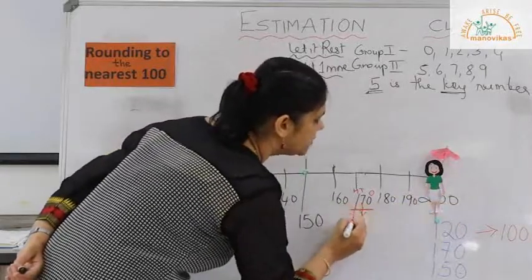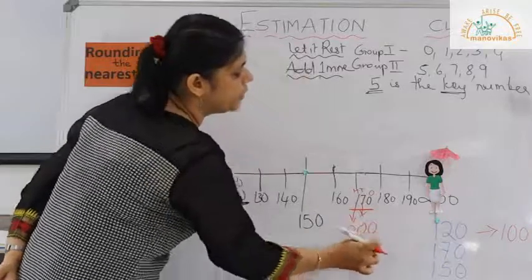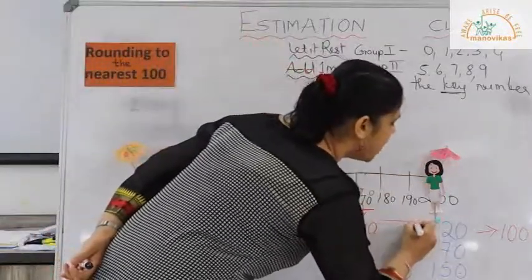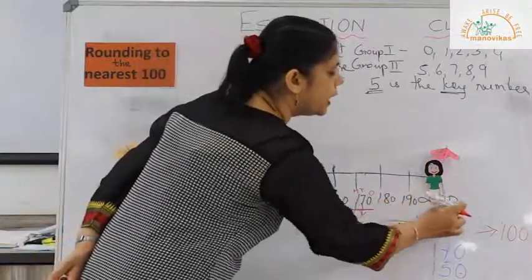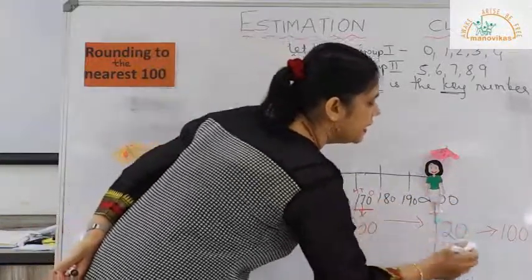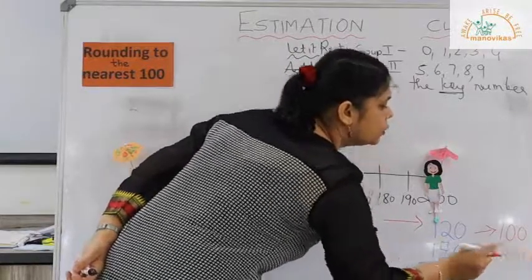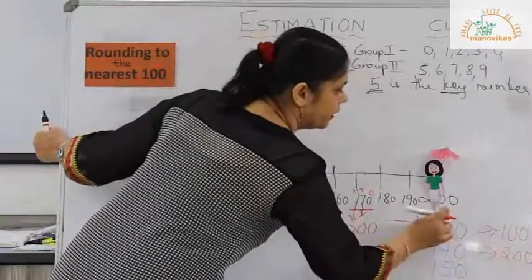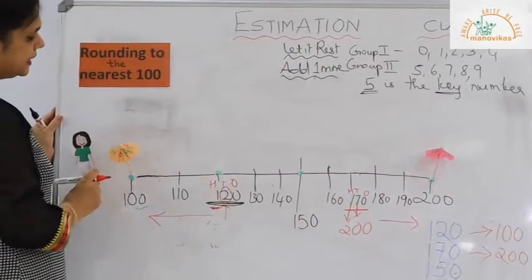That is, the hundreds place will increase by 1 and the other digits will become 0. So, Tina has rounded up 170 to 200 as it is the nearest. So, 170 rounded up to the nearest 100 will become 200. Right? Now, look at the third case.